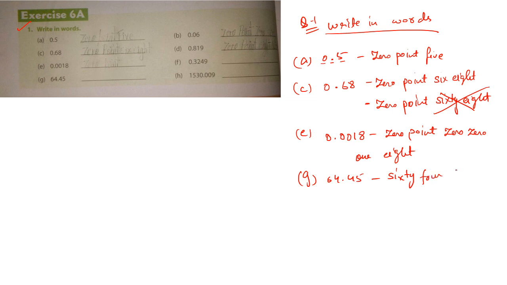E part, 0.0018. Now G part says 64.45. So do all parts of question 1.